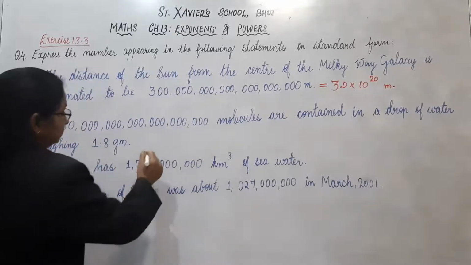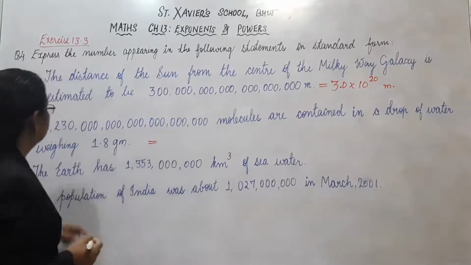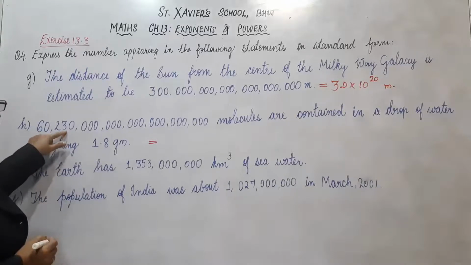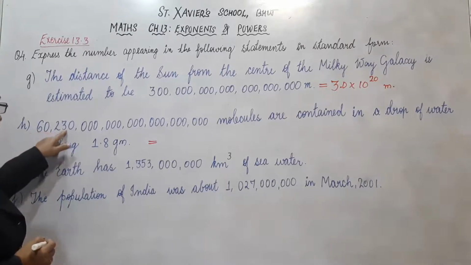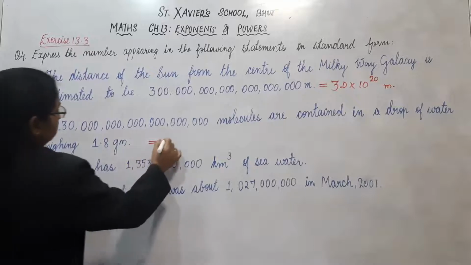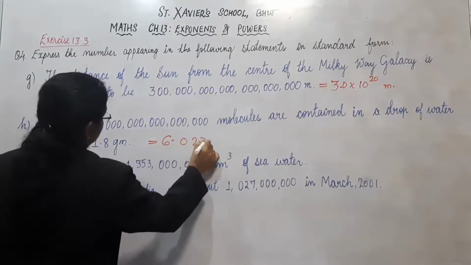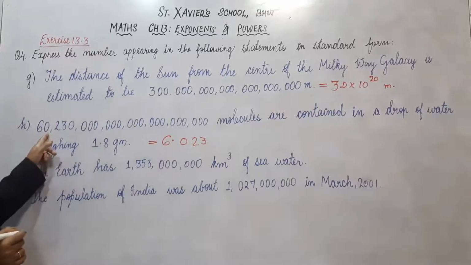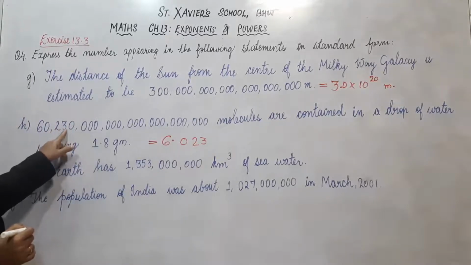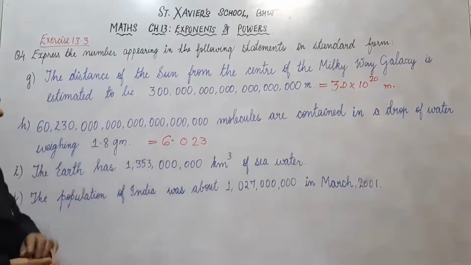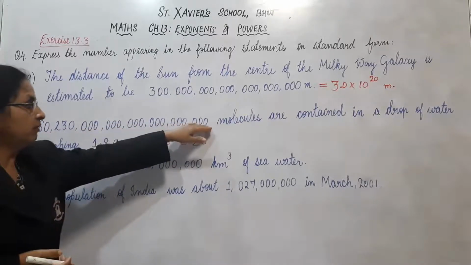How can you write it? Up to here we have numbers, so continuously we have to write up to 3. Let us write 6.023. In between 0 comes, you have to write it. And then the remaining zeros, then count from right to left.